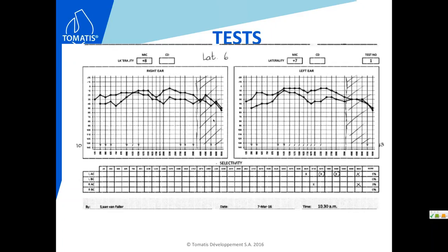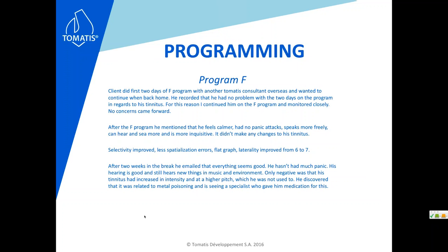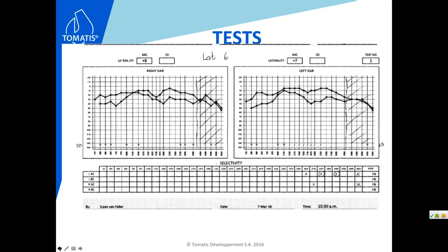Let's say that at 35 decibels, he tells you that the two sounds are at the same intensity. So in the observation area, you're going to put tinnitus, let's say right here at 4,000, and intensity, 35 decibels.